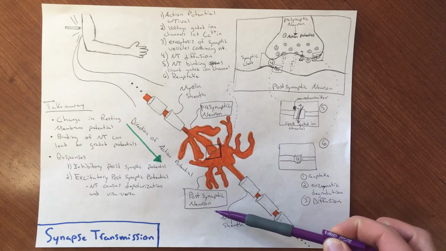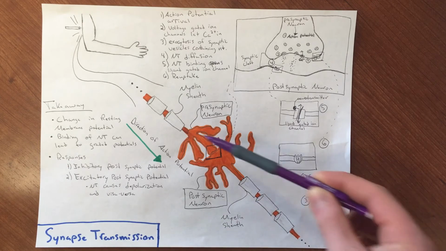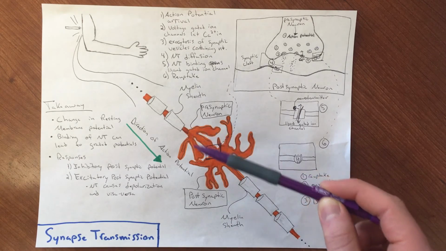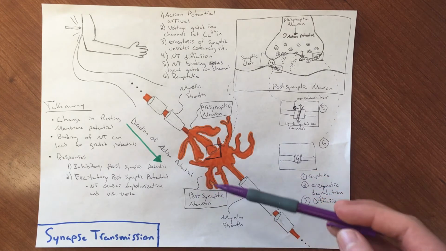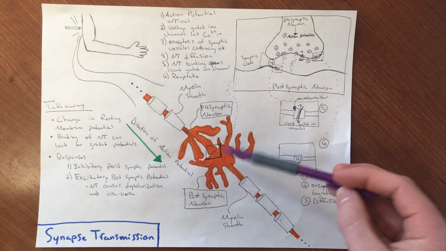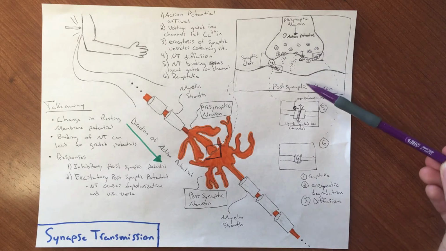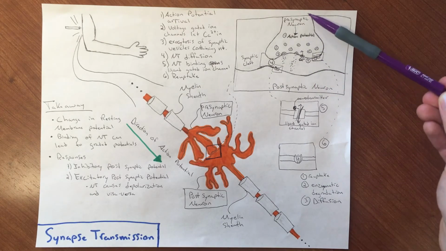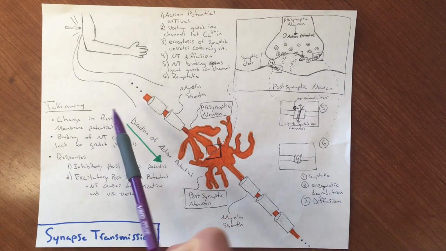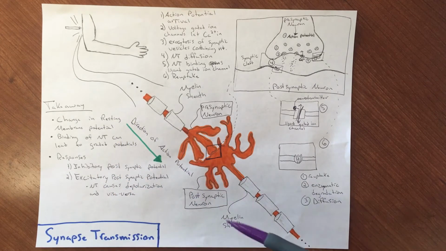The second neuron that is receiving the information from the presynaptic neuron is the postsynaptic neuron. And right here I have this area blown up, where you have the presynaptic neuron here and the postsynaptic neuron here, with the action potential traveling in this direction.